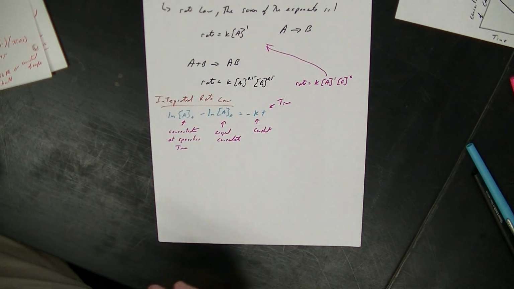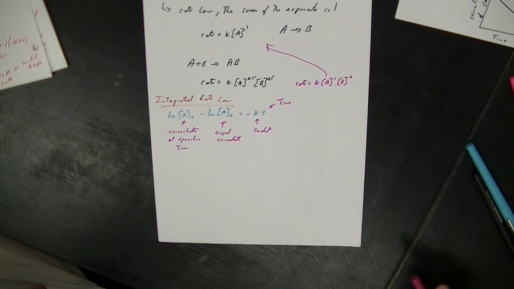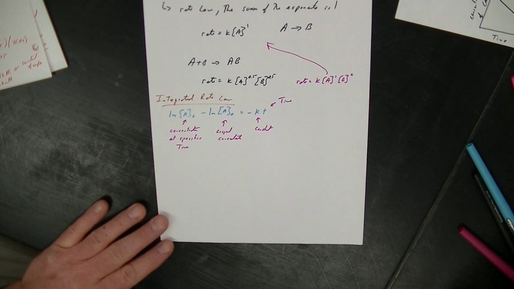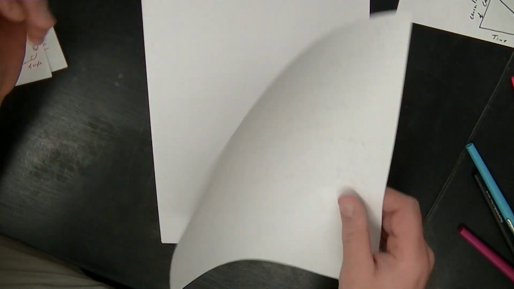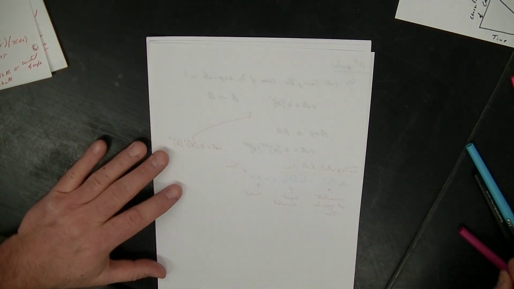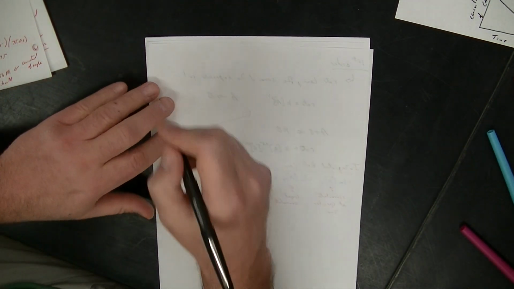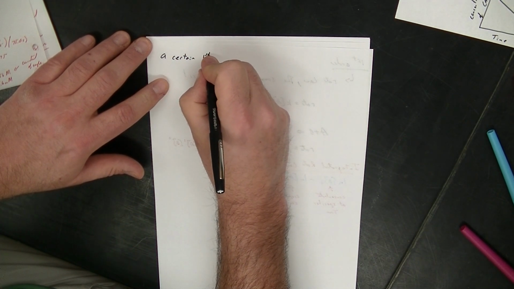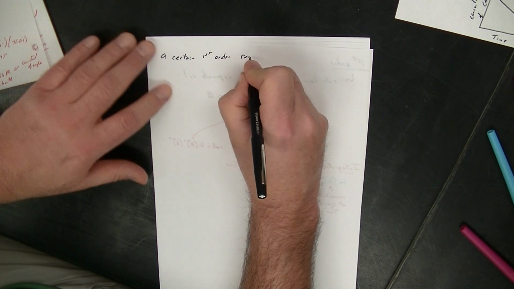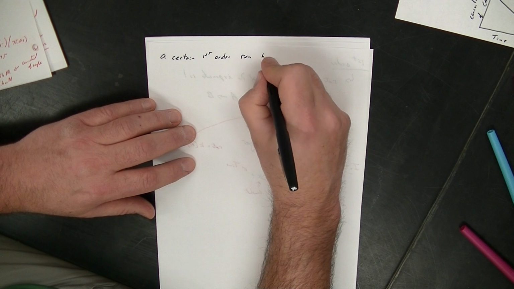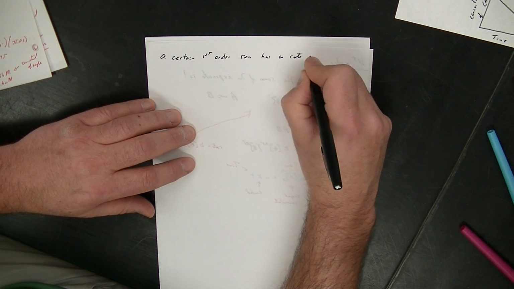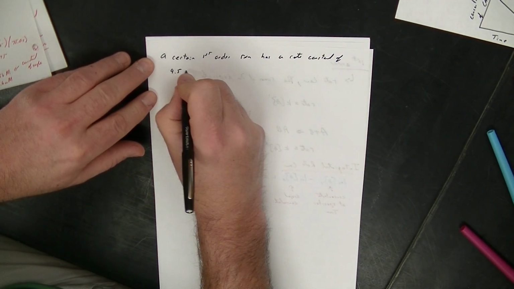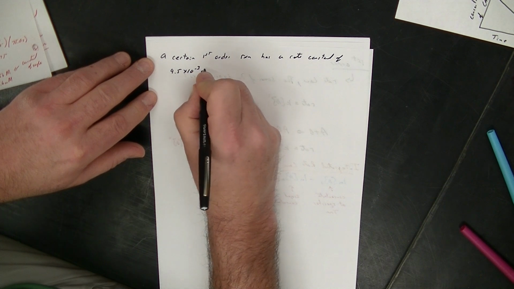So let's try a problem with this one just for fun. Do I have enough room on this page? It's going to be tight, so let's just flip it over. So let's just do this. A certain first order reaction has a rate constant of 4.5 times 10 to the minus third per second.